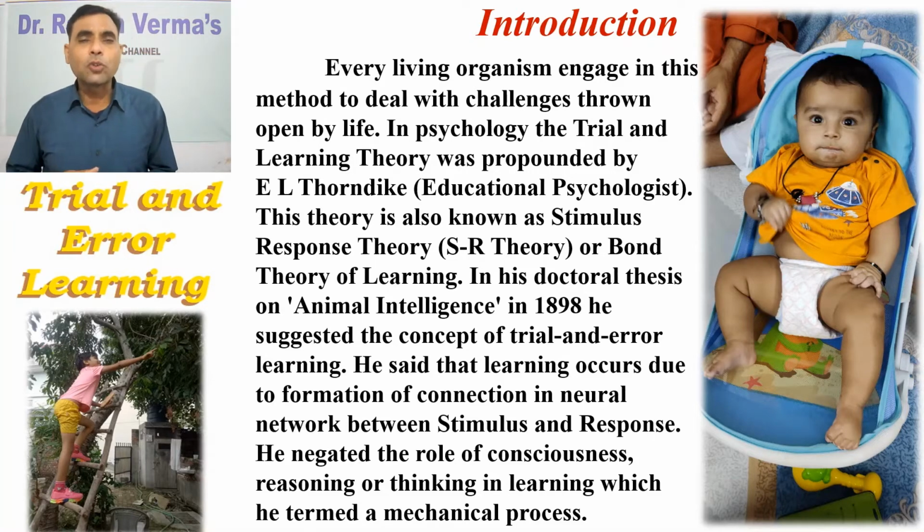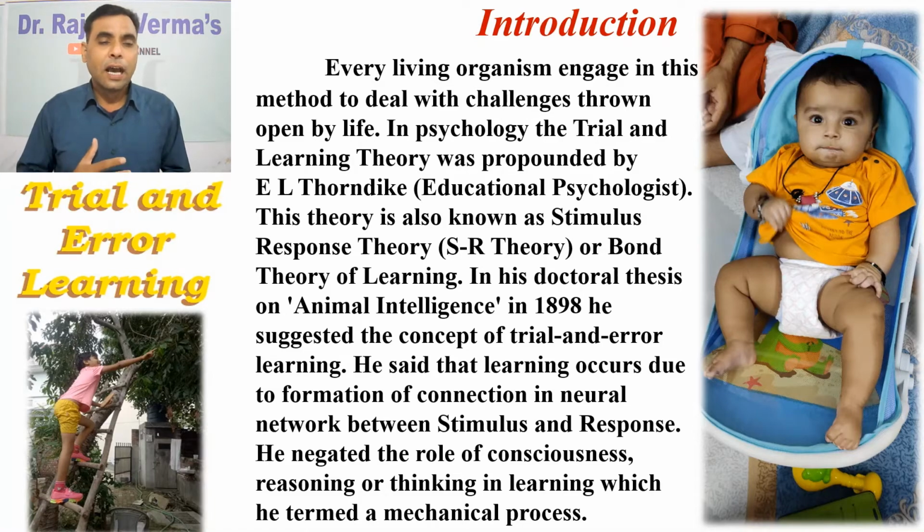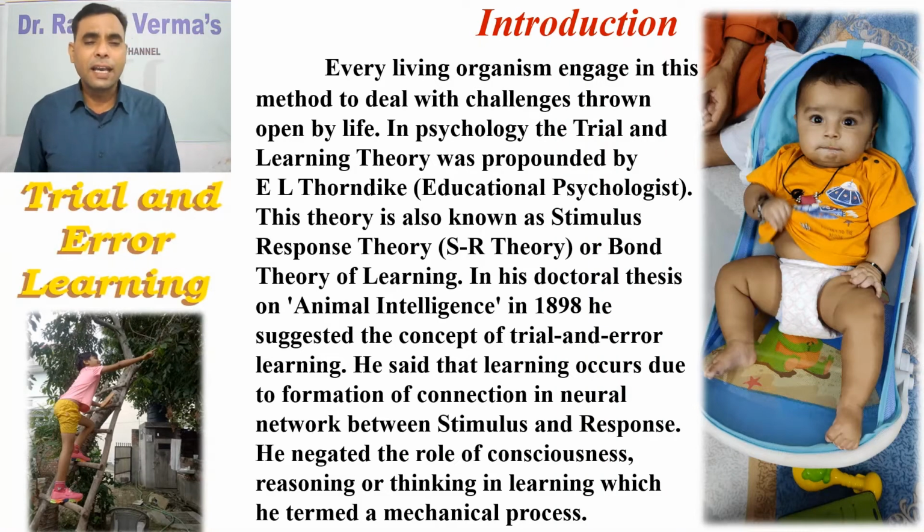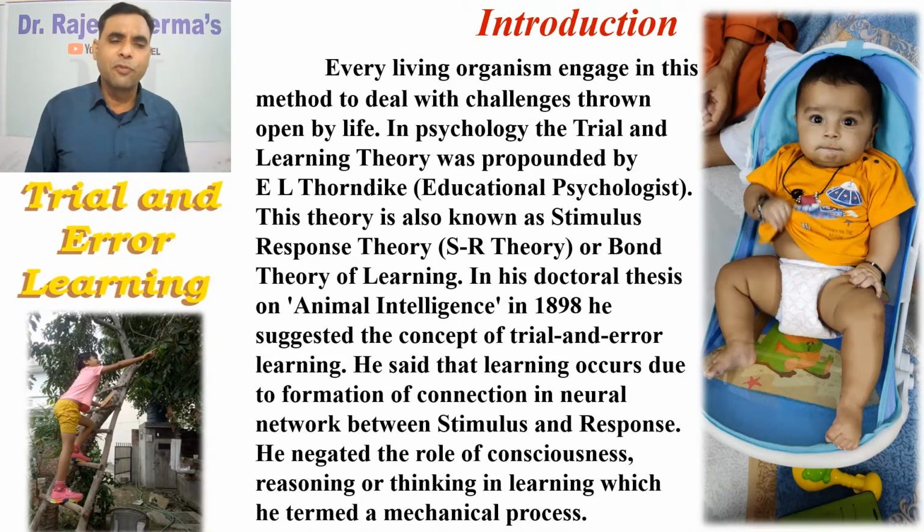In his doctoral thesis, when he was doing his PhD, in his PhD thesis on animal intelligence in 1898, he suggested the concept of T and E learning, that is trial and error learning. He said that learning occurs due to the formation of connections between the neural networks between stimulus and response.